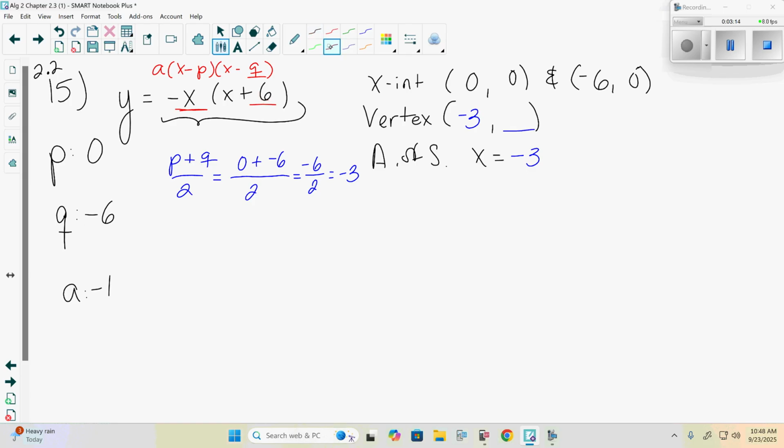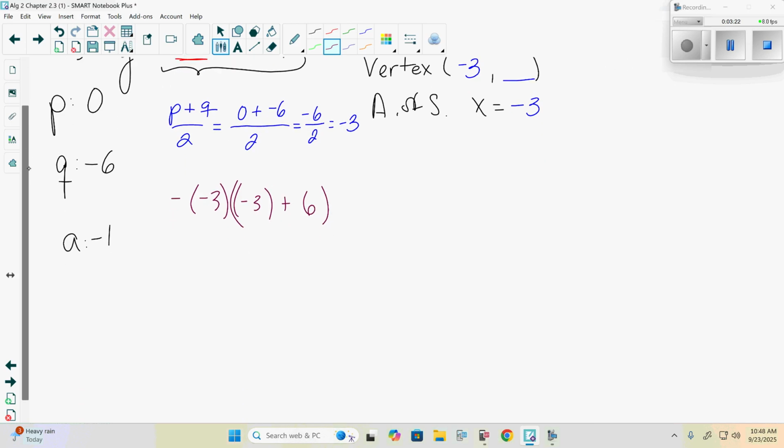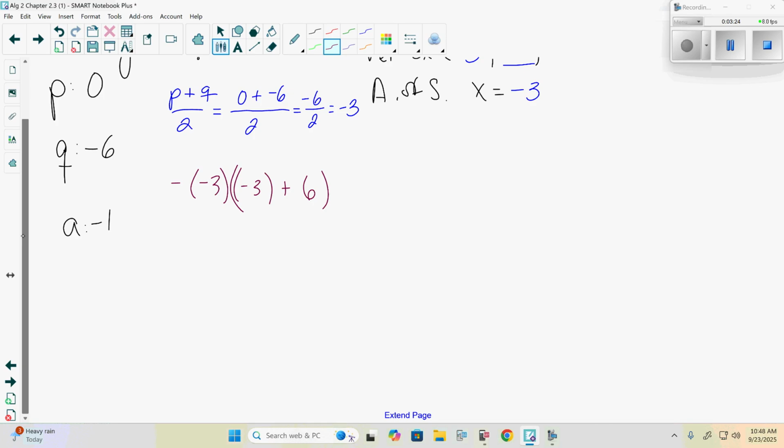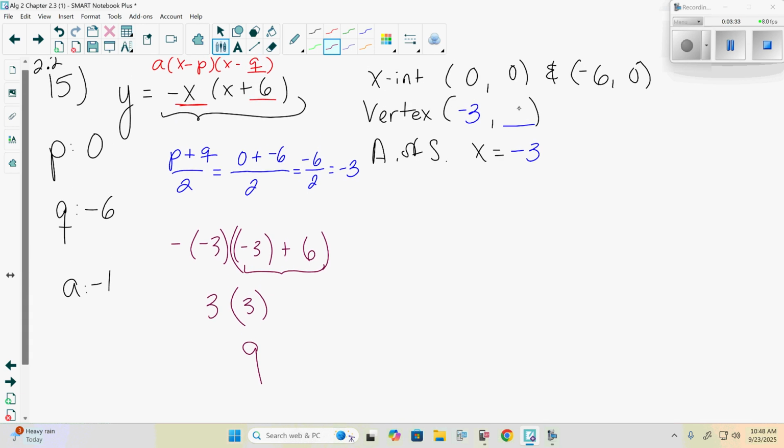So we would have negative 3 times negative 3 plus 6. Well, our negative 3 is just going to be 3. Negative 3 plus 6 is 3, and 3 times 3 is 9. So that there would be our answer. I think the question was really finding that other value of P.